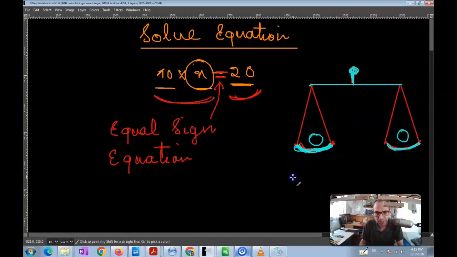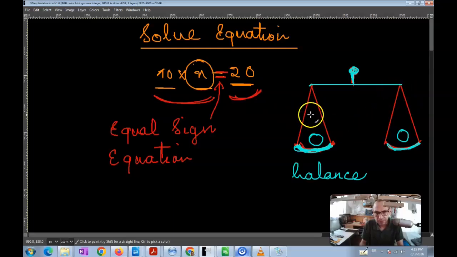That's called a balance, which is generally used for weighing. In case you have the same masses in the two bowls, then this rod is going to be completely horizontal. And once it's horizontal, that means these two masses are the same, meaning the weights are equal, right?